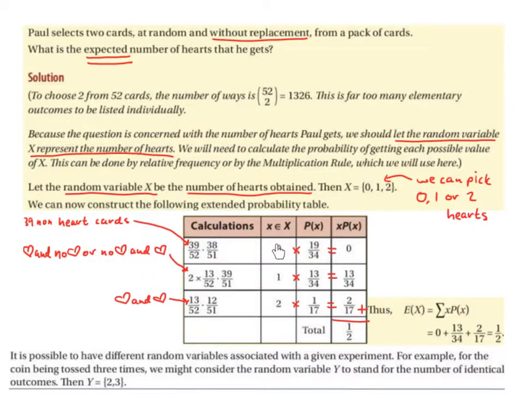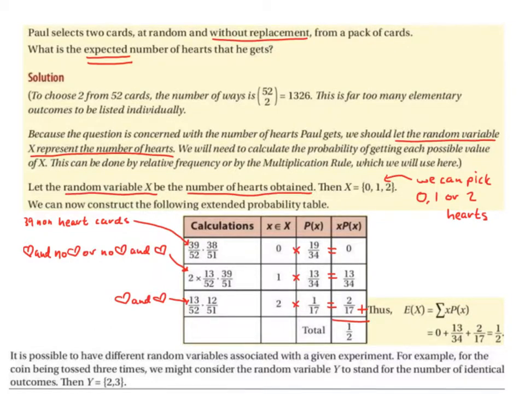Starting off with 0 hearts, this would be our calculation. The probability of getting 0 hearts would be 39 over 52 multiplied by 38 over 51. The 39 came from the fact that there are 39 non-heart cards over a total of 52 cards.